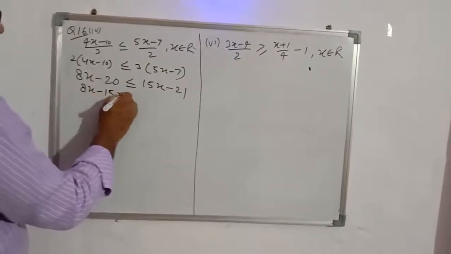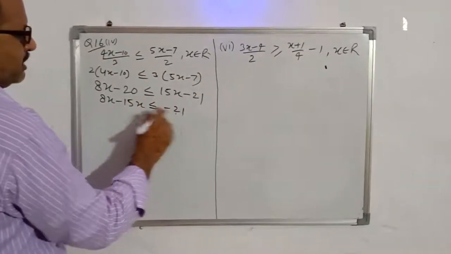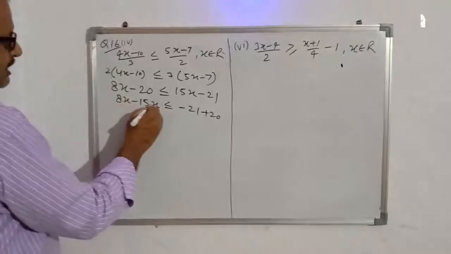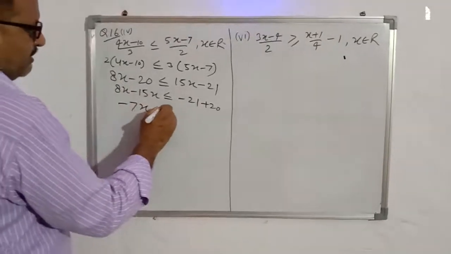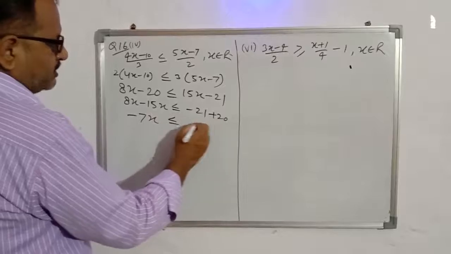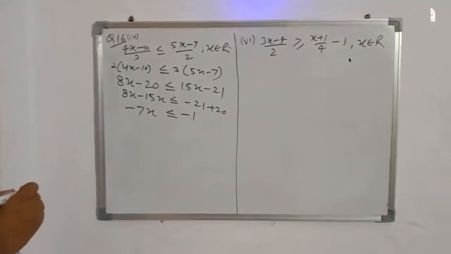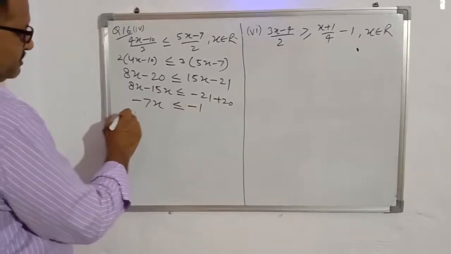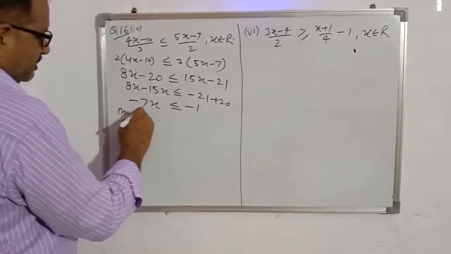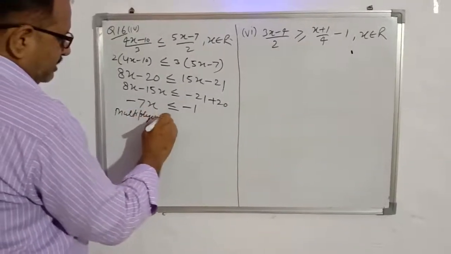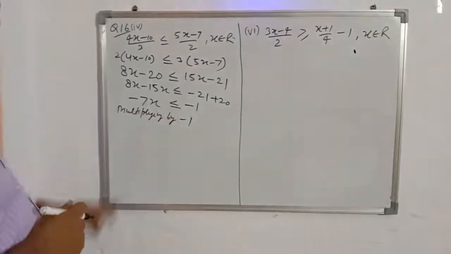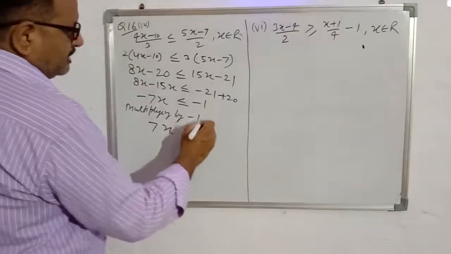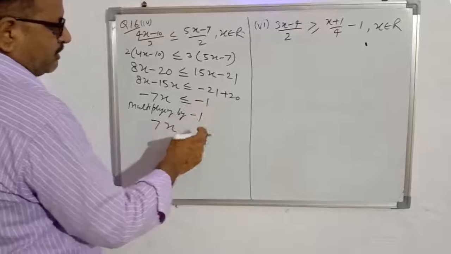8x minus 15x less or equal to minus 21, transposing minus 20, so plus 20. 8x minus 15x is minus 7x, less or equal to minus 21 plus 20, which is minus 1. Multiply both sides by minus 1 to make it positive. Multiplying by minus 1, it becomes plus 7x, and the right side becomes minus 1 into minus 1, which is 1.